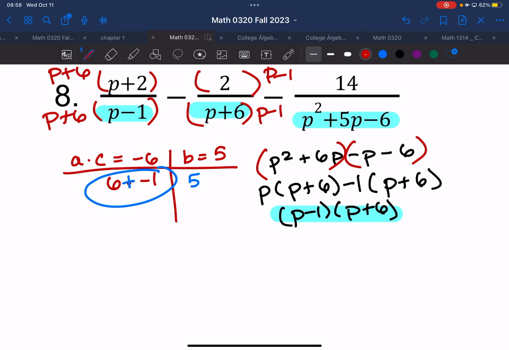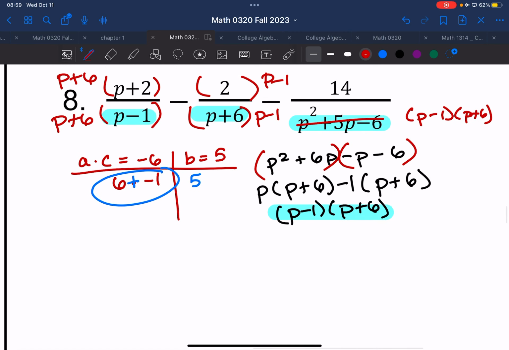Do we need to do anything to it? No, because it already has p minus 1 and p plus 6, because we just found that. So now all our denominators match.